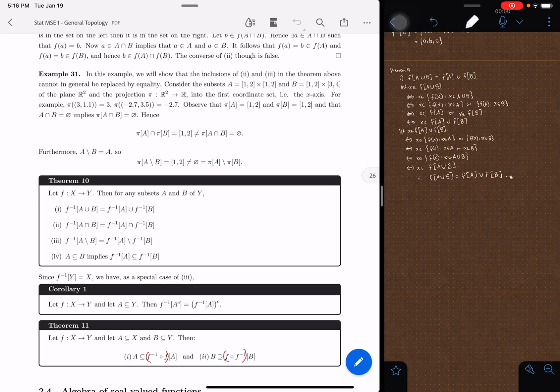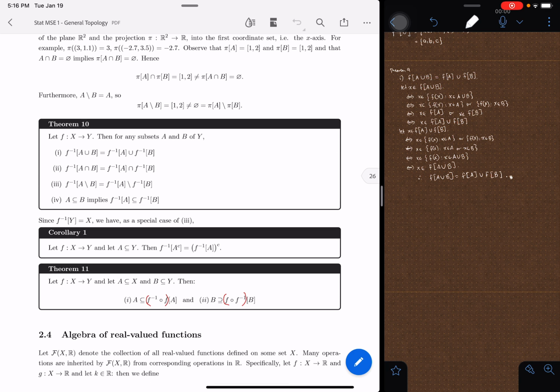Yung Theorem 10 naman, yung binigay niya ng mga results is in terms of inverse images. So dito, mabilis lang to kasi sa inverse images, lahat equal yan.